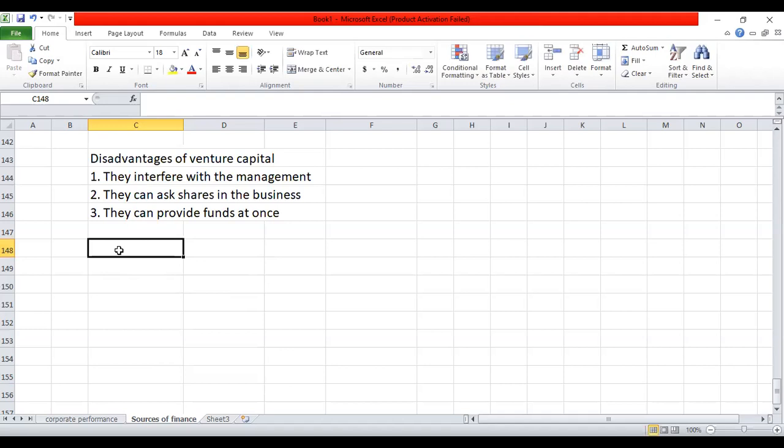These are sources from the business. That's what we call the internal sources of finance.